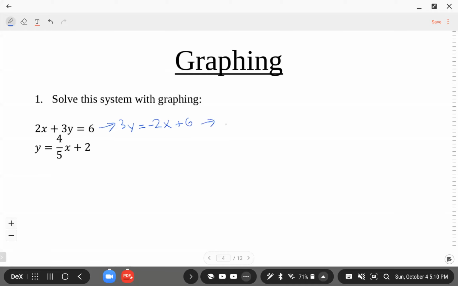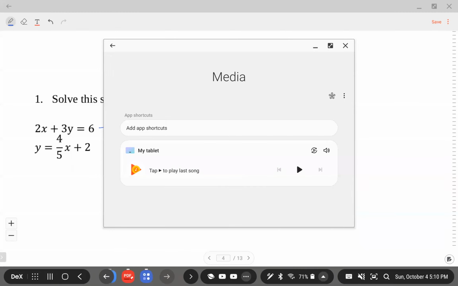Next we have y equals negative 2 over 3 x plus 2. And then we have y equals 4/5 x plus 2.